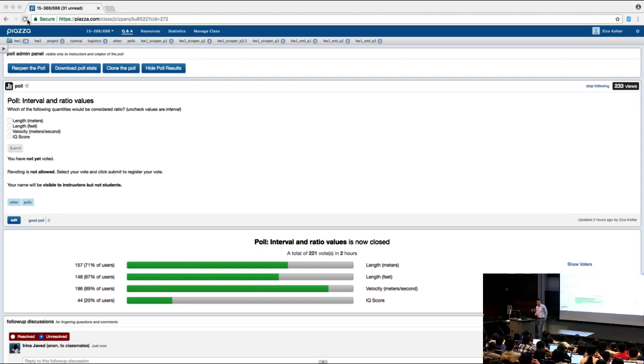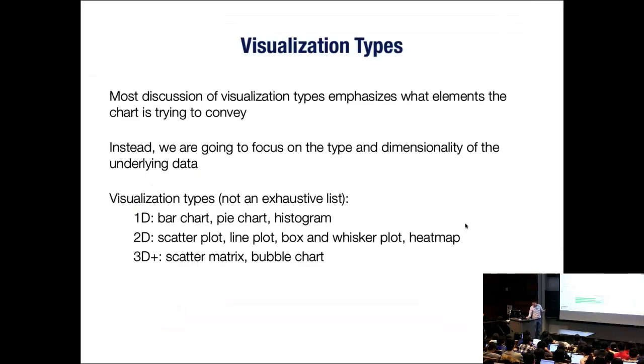Okay. So what I want to move on to now is finally visualization types. The reason why I spent some time on data types is that I think most discussions on visualization are a little bit more abstract in terms of what the plot, chart or visualization is trying to convey at some fundamental level.